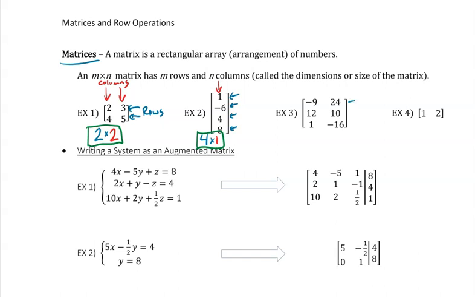The next one has 1, 2, 3 rows and 1, 2 columns, so 3 by 2. And the last one has 1 row and 2 columns.